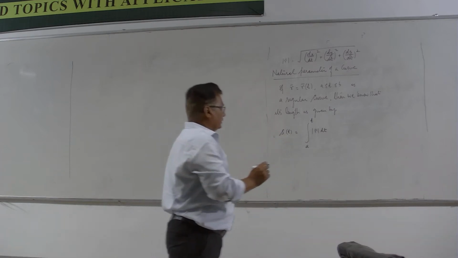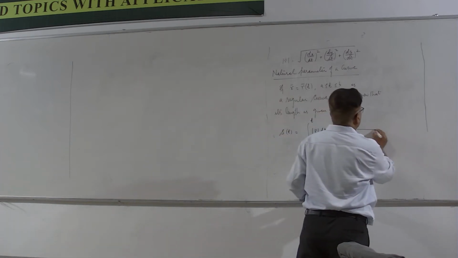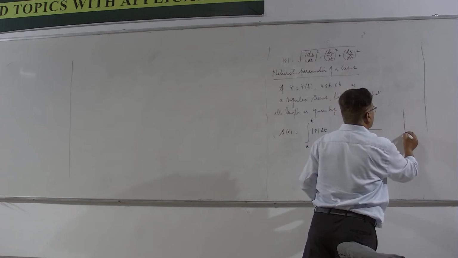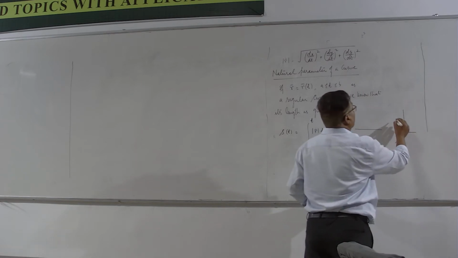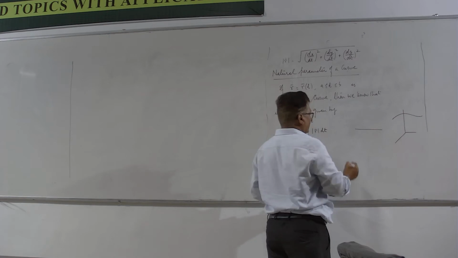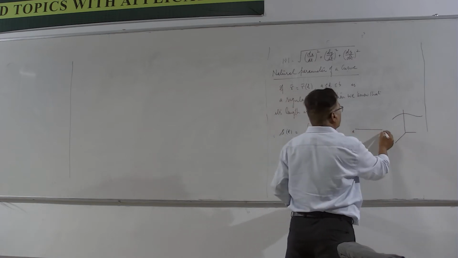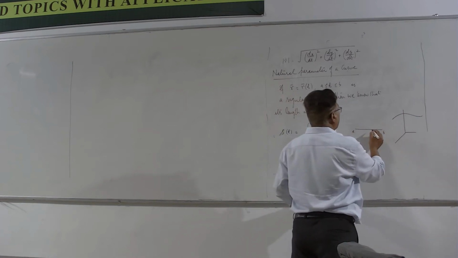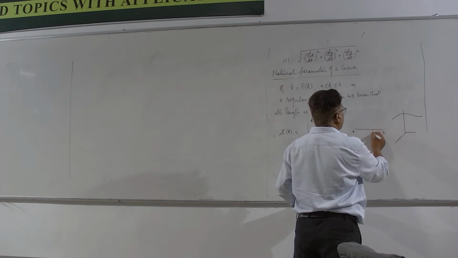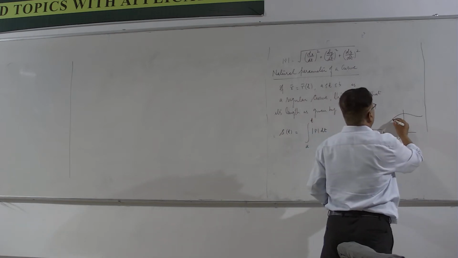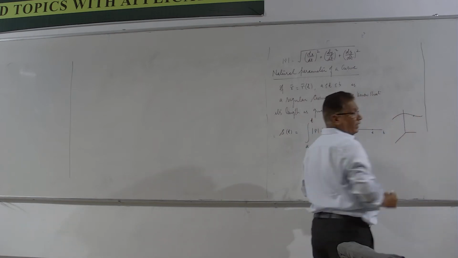Okay. So, you can easily realize that in space, if your curve is drawn like this, the point A is here and B is here. If I take the length up to a certain point t, the measure of the length will be somewhere up to here.